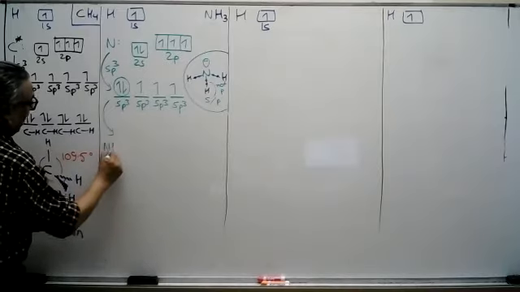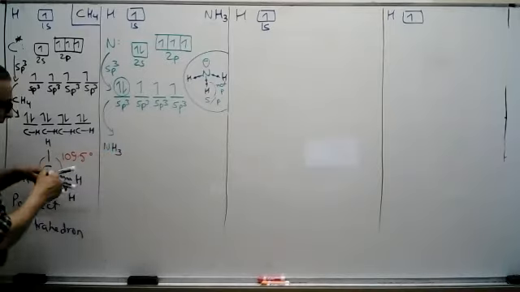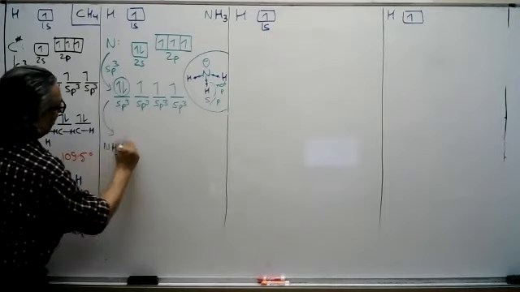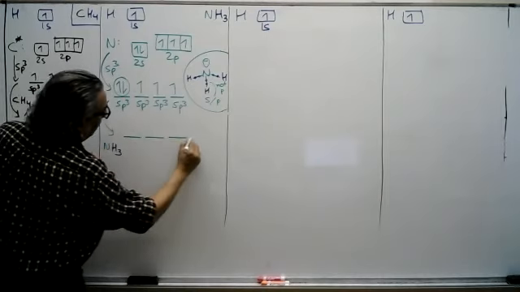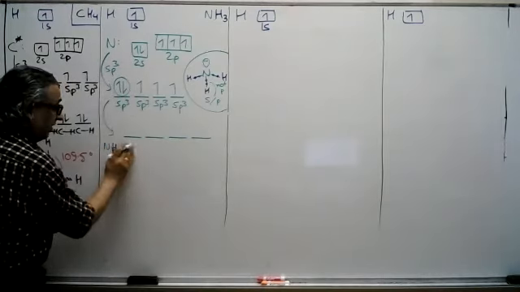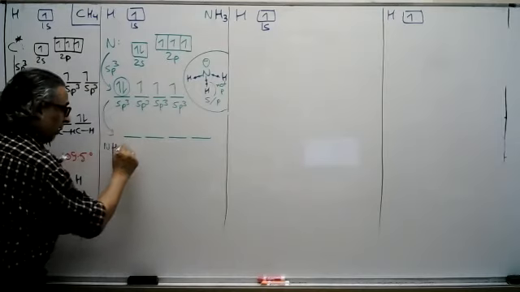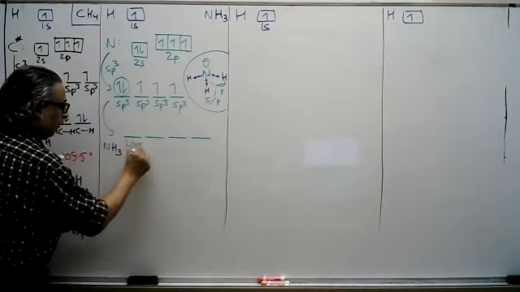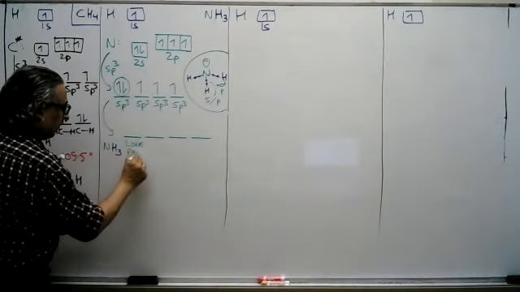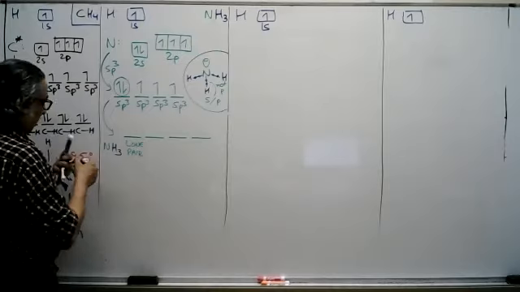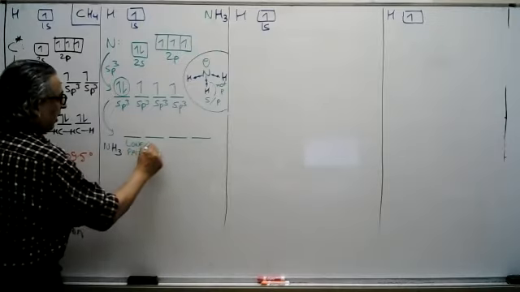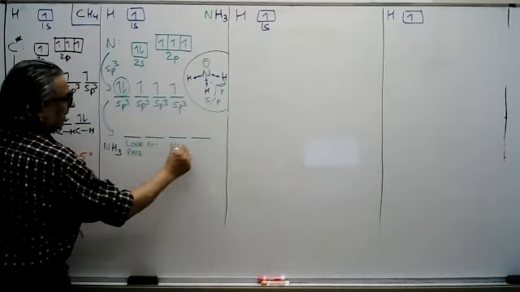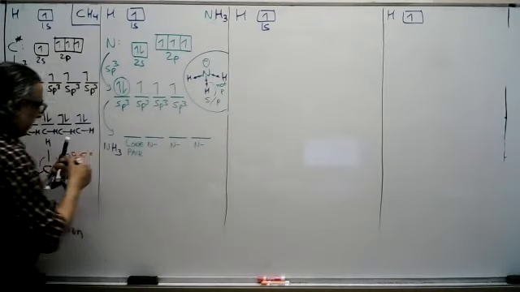As NH3 happens, how does that look like? There is nothing here. This is just a lone pair. The next one, an NH bond, an NH bond, and an NH bond.